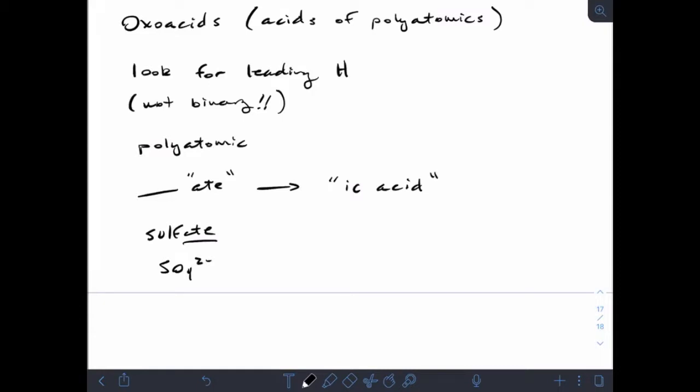If I make it an acid by making it H2SO4, notice that leading hydrogen, it doesn't matter that there's two of them, I just need two hydrogens to balance the 2- charge. So I see that polyatomic as sulfate, and I see that hydrogen in front, that means that it's an acid. So that ATE becomes ic acid. So I say the base of the polyatomic. So I'm going to say sulfuric acid. There's my base, and then I have my ic acid.